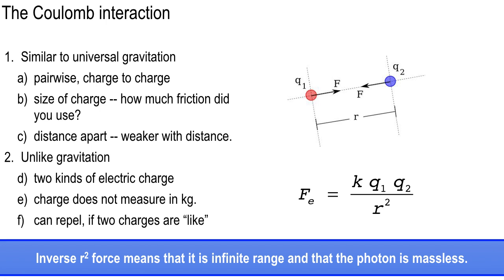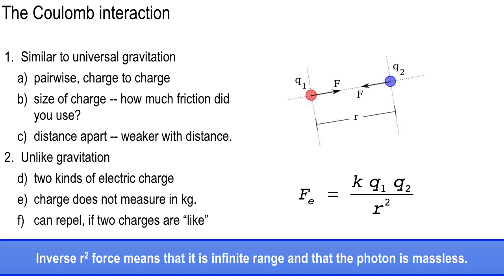The calculus behind this statement is really intense, but the meaning of the calculus is that this force has infinite range. Gravitation also has infinite range. It also means that the mass of the photon is exactly zero, which is kind of interesting because the photon interacts with a gravitational field even though it doesn't have mass.